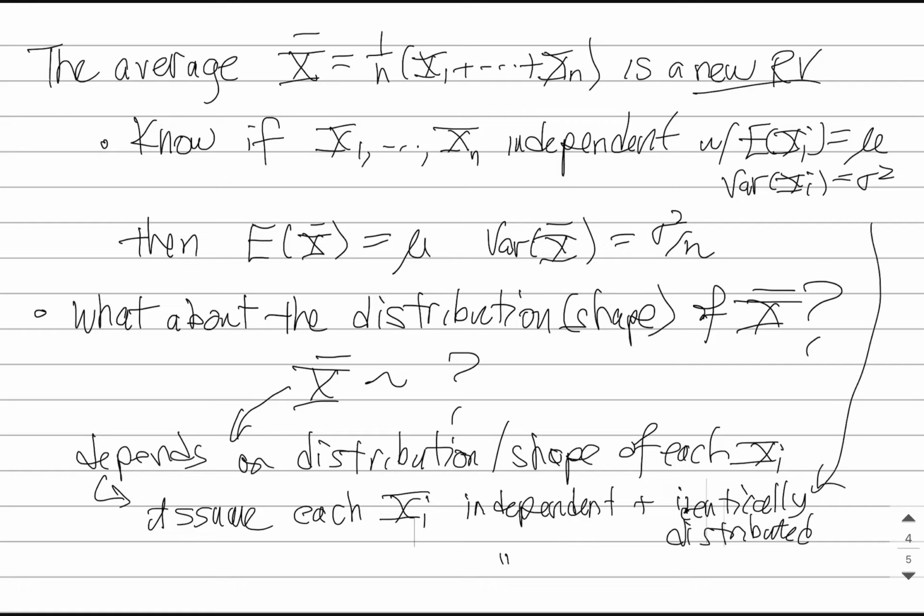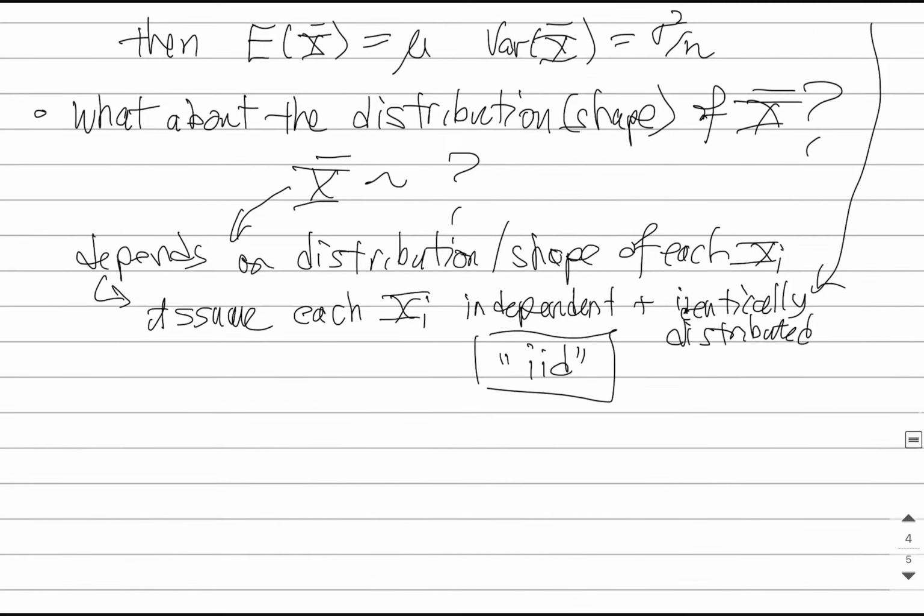So in that sense, we're going to introduce this acronym IID. So whenever we see this IID, it's meant to suggest that each random variable we consider is always independent of all the others and is identically distributed.